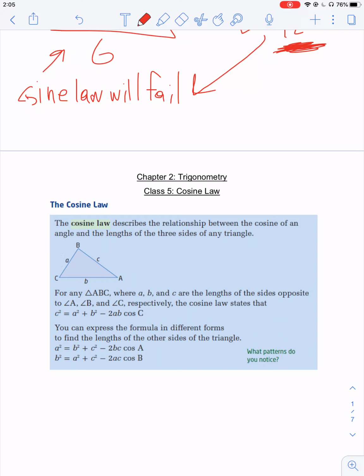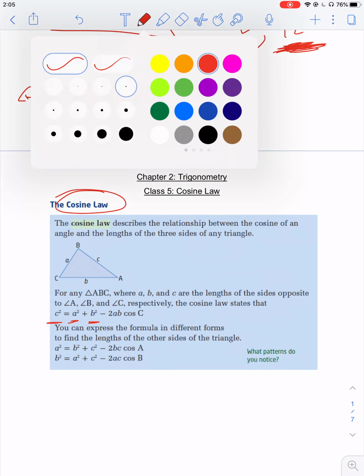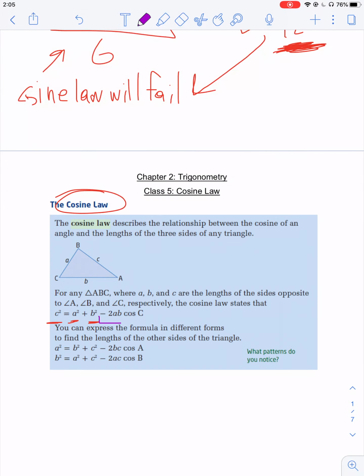Okay, so think of the cosine law as a stronger version of the Pythagorean theorem. So as you can see, you have c squared equals a squared plus b squared. So this looks kind of like the Pythagorean theorem, but then you have this extra term, minus 2ab cos of C. Okay, so why do we have this extra term?